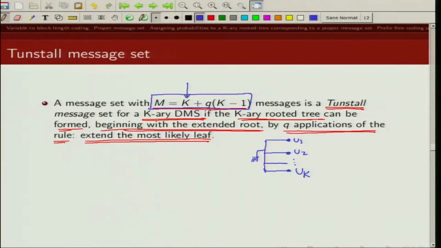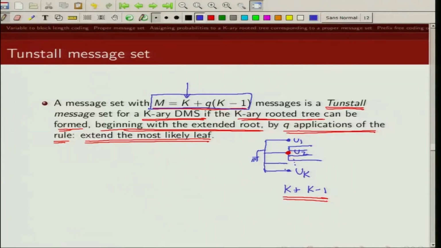Now when I extend any of these leaves, let's say I am extending the leaf corresponding to U2, then I am creating K new leaves. However, this was earlier a leaf, it has now become a node. So the number of leaves at this point is K plus K minus 1, because I am creating K new leaves, but this particular leaf has now become a node.